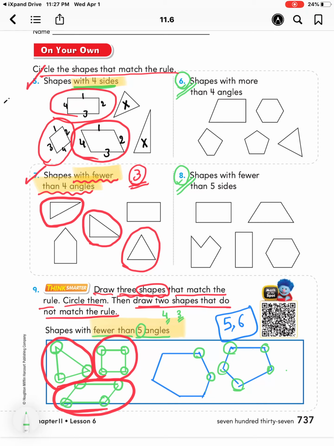Okay, 1, 2, 3, 4, 5, and 6. So as I told you, a shape with 6 sides has 6 angles.